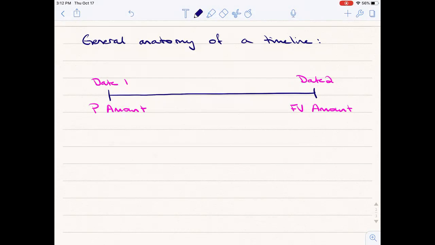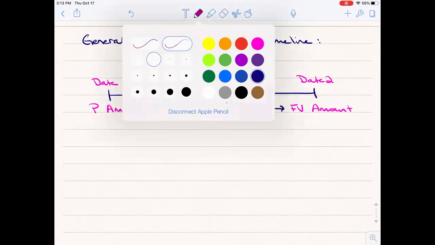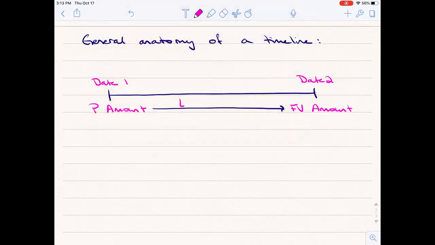So then what we do is we draw an arrow from the principal amount to the future value. Okay. This arrow represents time. So whatever the time is, and for simple interest, we're going to be talking about time in years, right?